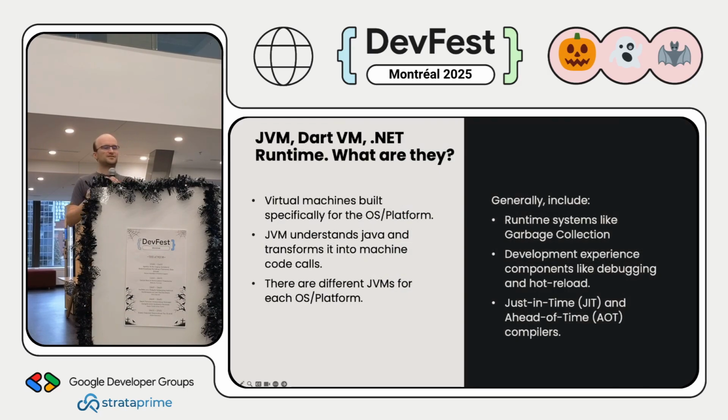And the other thing I need to explain is what's a JVM, what's a Dart VM, what's a .NET runtime. Those are virtual machines built specifically for a target platform. For example, the JVM runs Java and transforms it into machine code calls to run Java on your machine. And there's a different JVM on every single OS or platform.